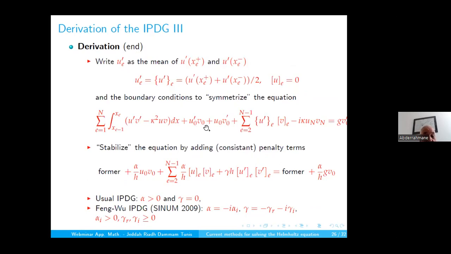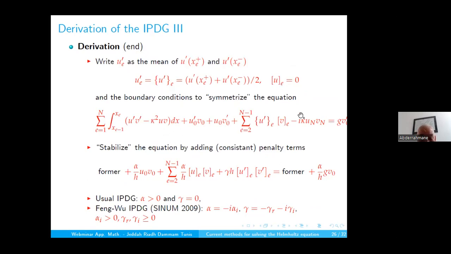And since you plan to use a completely discontinuous function, you use this relation: the value at a junction of the solution is equal to its mean from the left and the right, and its jump is equal to 0.